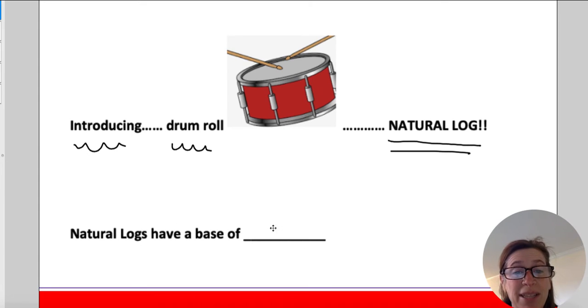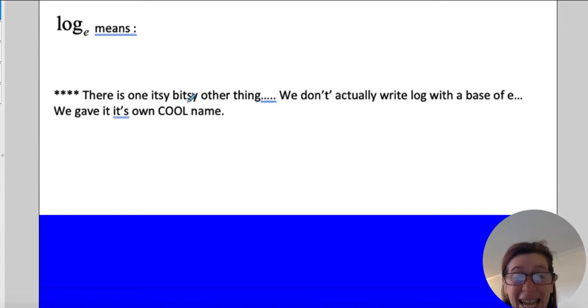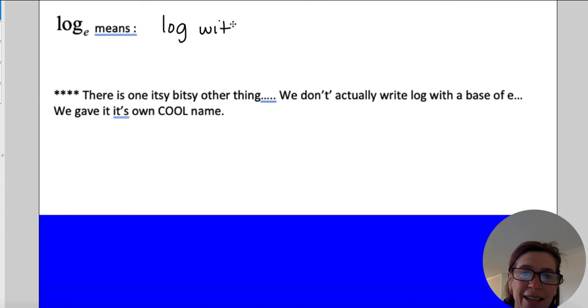Natural logs have a base of e, okay? And this one is used quite frequently, so we're going to really work on this one a lot. Now, the thing about this log is that we gave it its own name, okay? Log base e means a log with a base of e.